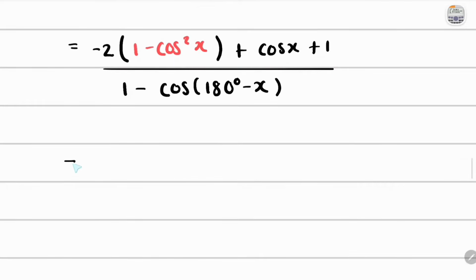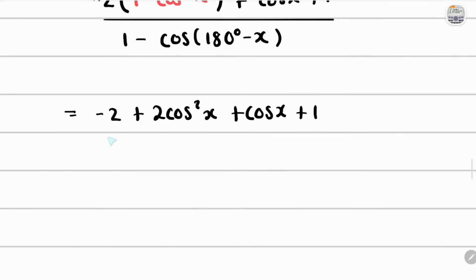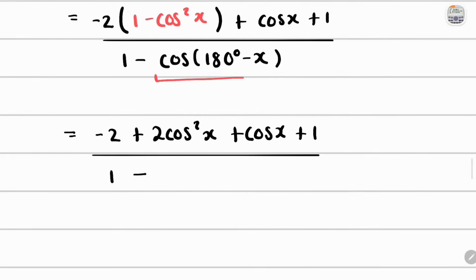This is equal to, and here we'll distribute, negative 2 and then positive 2 cos squared x plus cos x and then plus 1. And this goes all over 1 minus cos of 180 degrees minus x. The 180 degrees minus x is in sine's quadrant, and cos is negative here, so that becomes negative cos x.